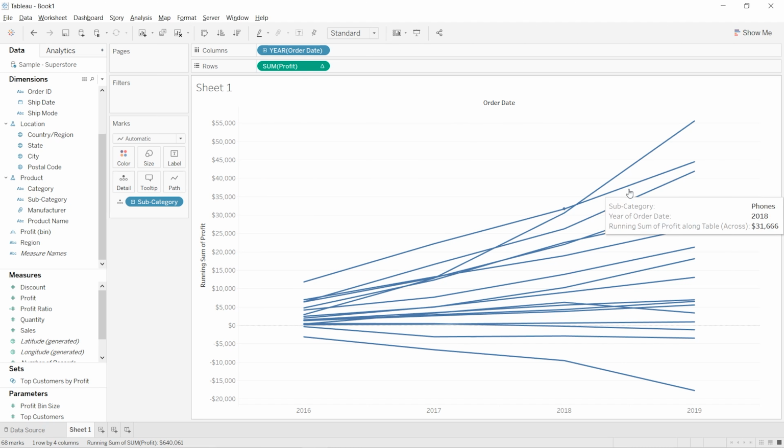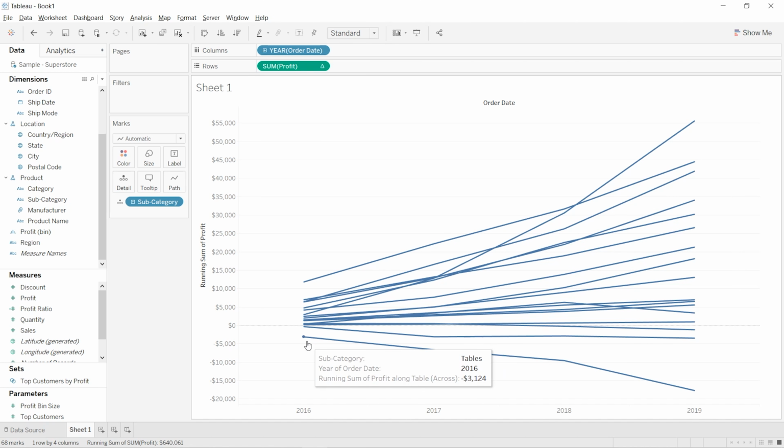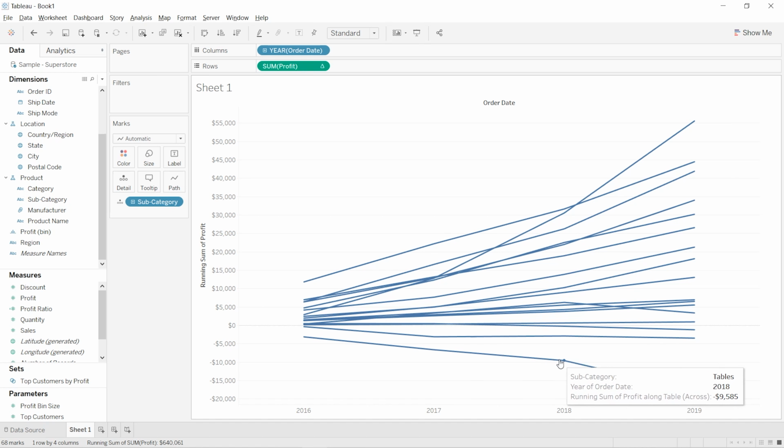Moving back to the graph which we created, if we talk about this one, in the beginning of 2016, the profits were obviously negative. And in 2017, it was more negative because it kept on going negative. So it's minus 6,634.